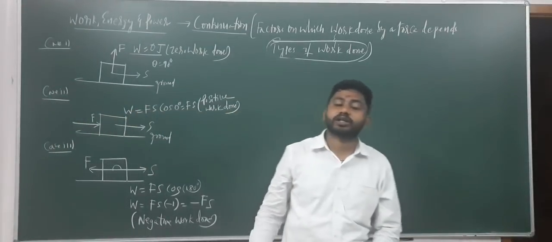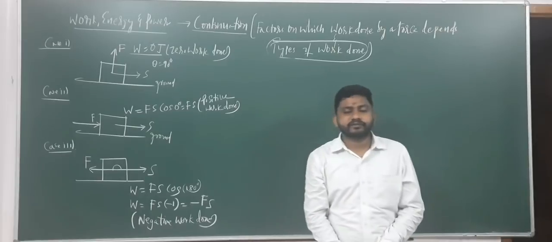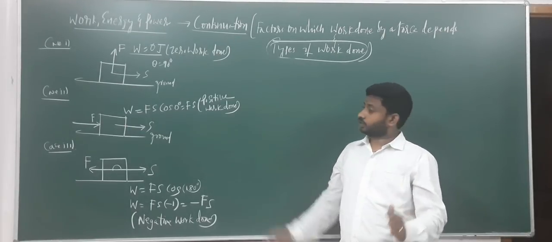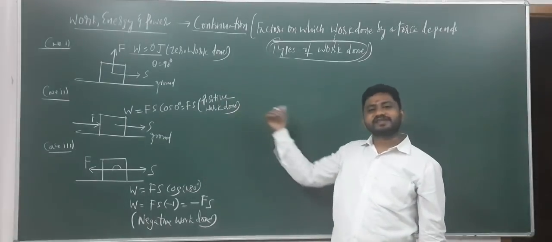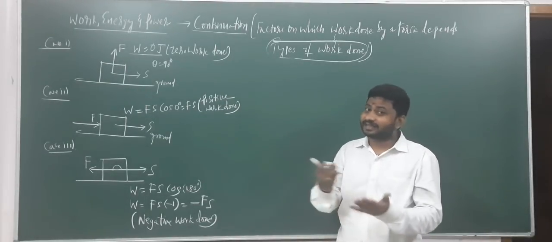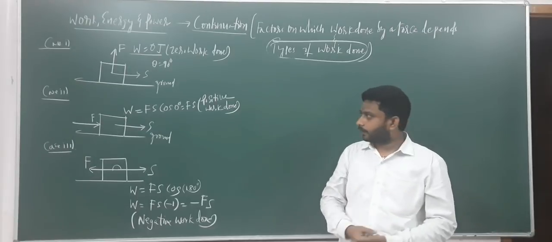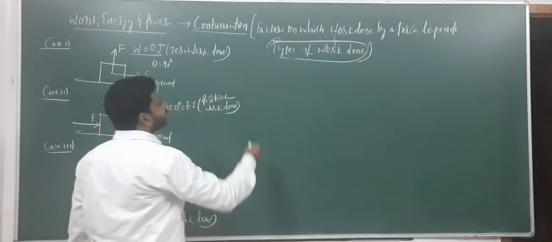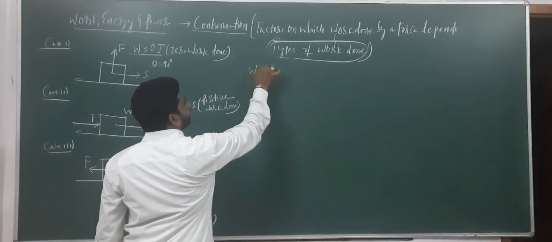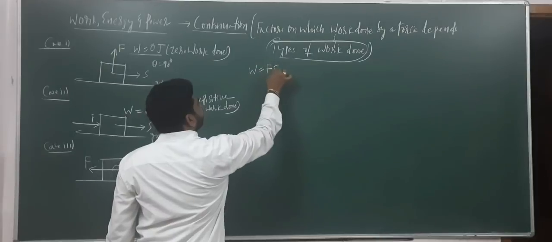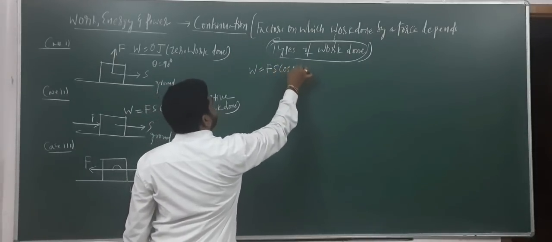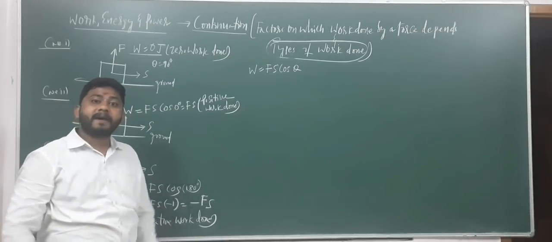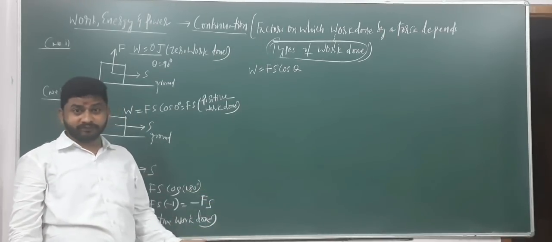I hope it's very clear for you based on types of work done. There are 3 types of work done: positive work done, negative work done, and zero work done. Is it clear? Clear for everyone? Now, a lot of examples we have discussed in the last slides even, right? Ready? Now, let's check here. What I'm going to conclude about the types of work done is that W is equal to F s cos theta, and depending on the theta value, you get maximum work done or minimum work done.